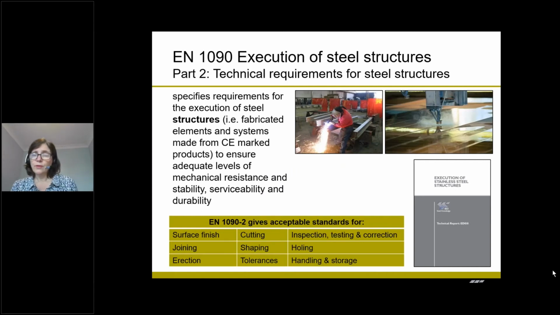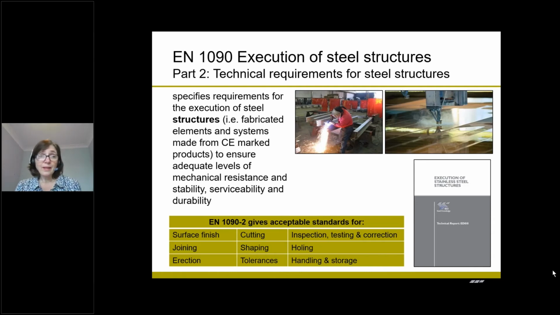I've talked about the European product standard, EN 10088. I've talked about the European design standard, that's the Eurocode. So in my closing couple of slides, I wanted to complete the trio and mention the European regulation on fabrication and installation, which I'm sure you know is EN 1090.